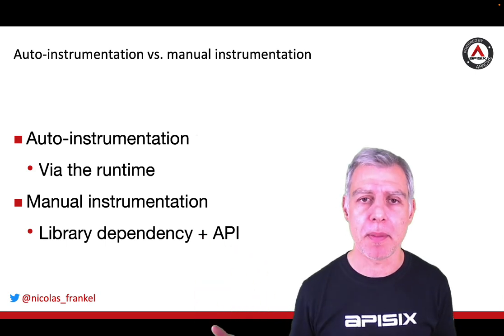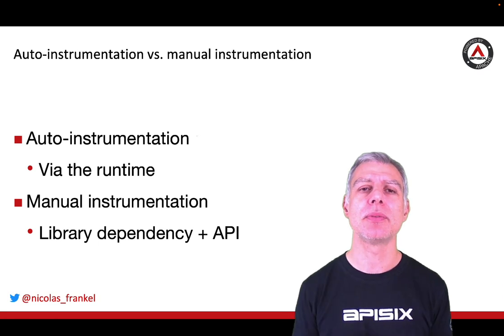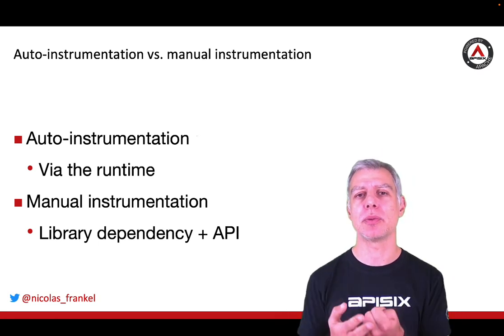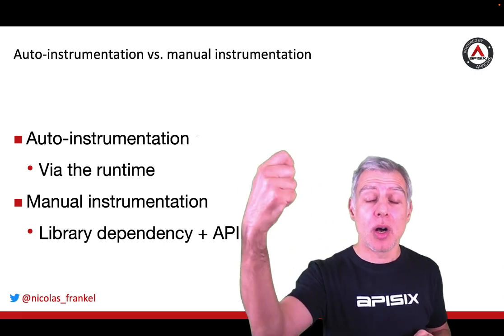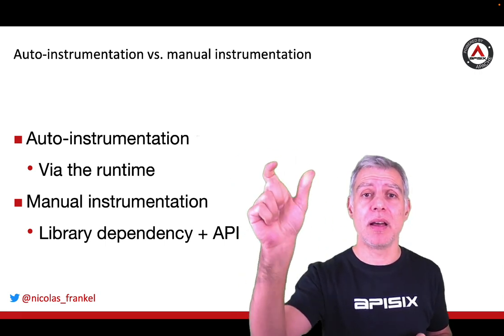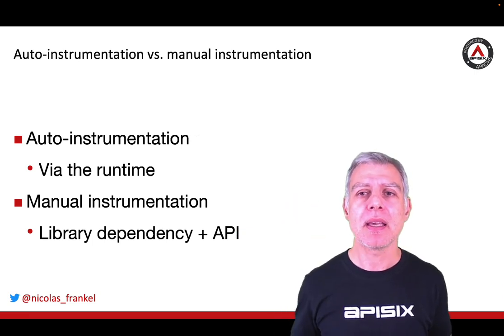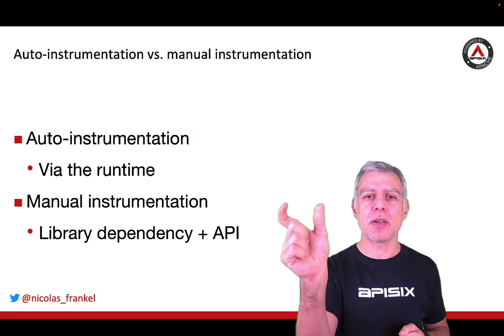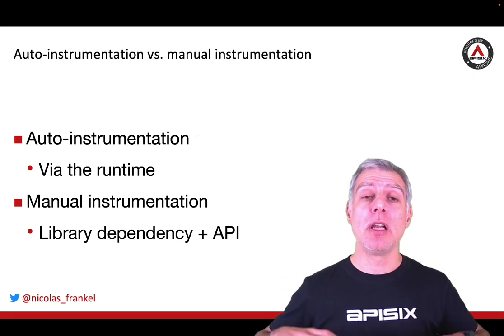Node.js is a runtime. In this case, you delegate to the runtime to do auto-instrumentation. I told you about automatically logging entering and exiting a method. It's exactly the same. Here, you will do that automatically. It gives you already a lot of insight.